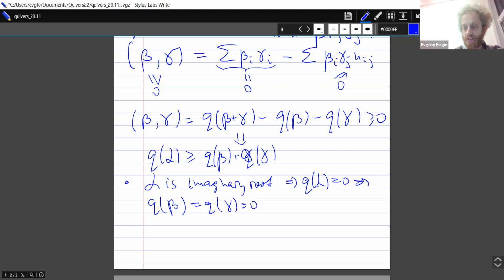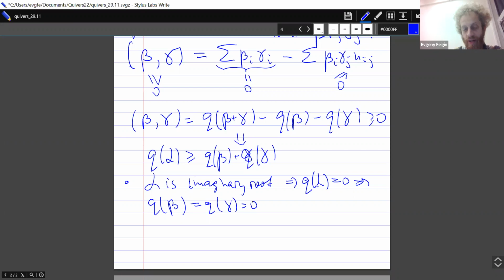And I claim that this is a contradiction. Can you explain why? Let's recall, if Q of beta is 0, then what do we know?